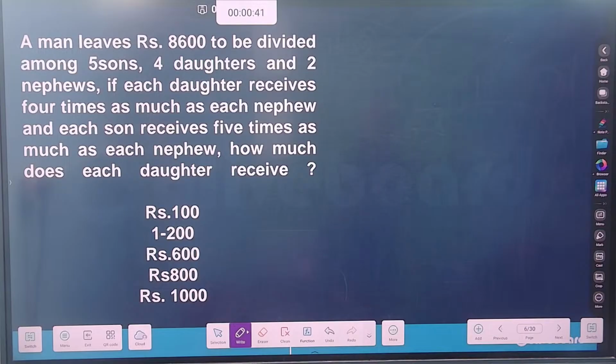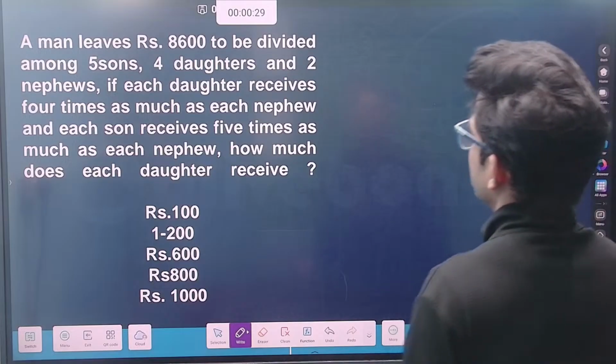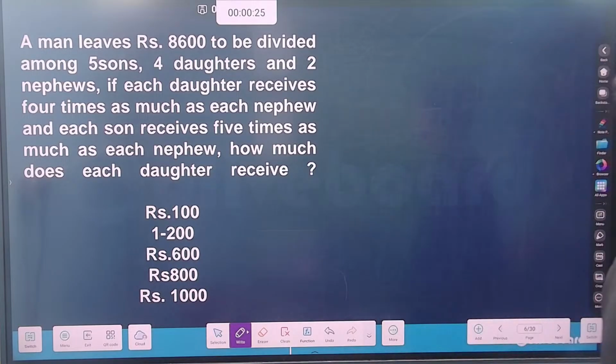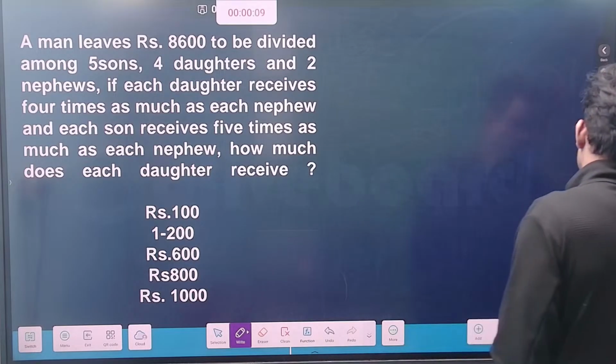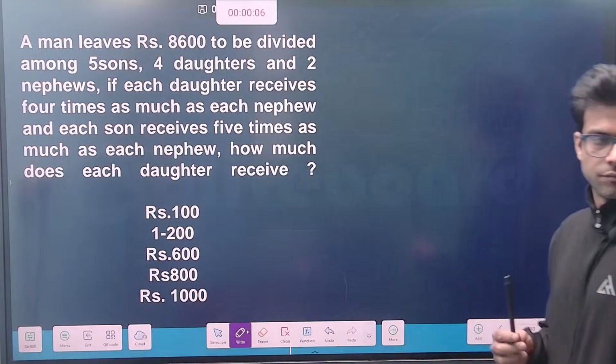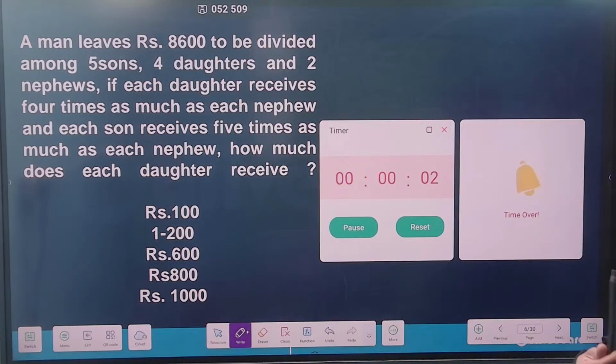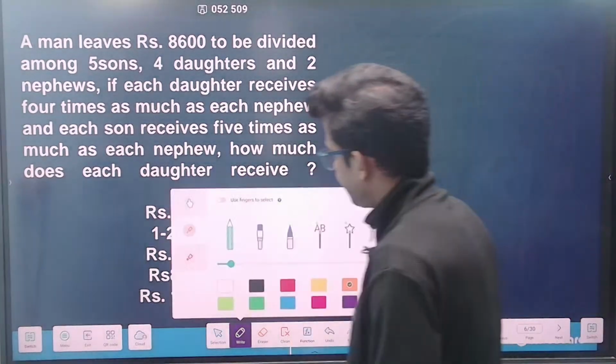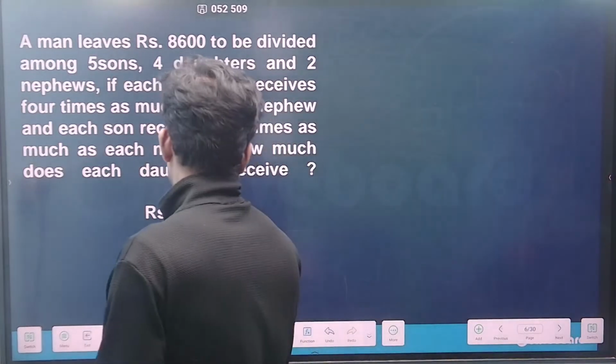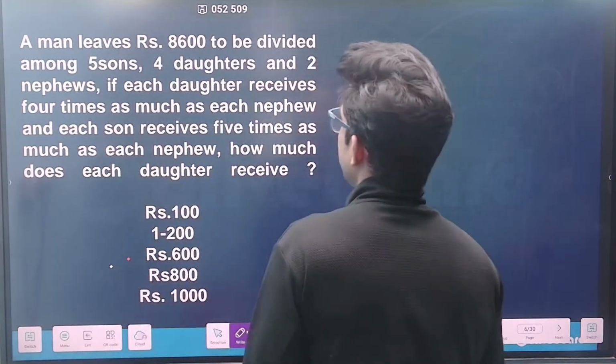Anyone? Let me check. A man leaves rupees 8,600.